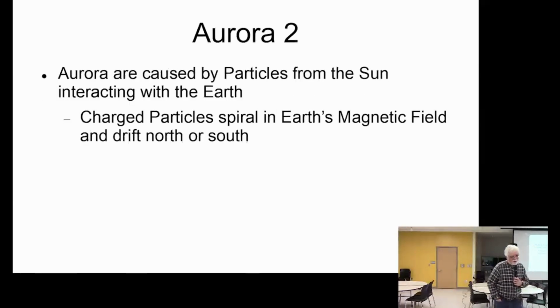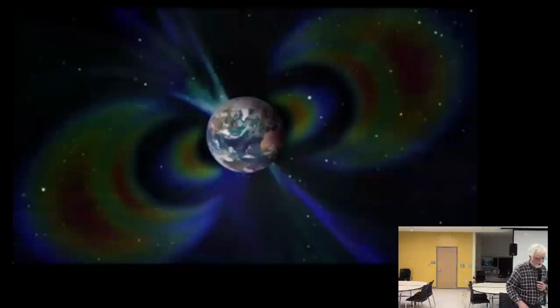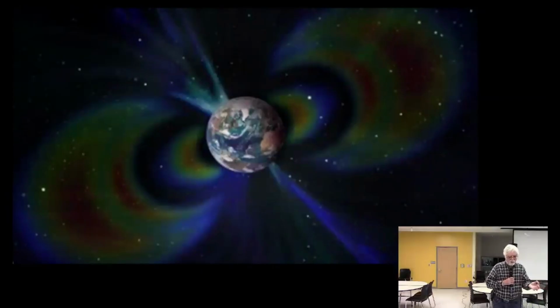They're caused by charged particles from the sun interacting with Earth, just as we've been talking about. They spiral in the Earth's magnetic field and drift north or south. And they can only go so far north and so far south. And this is a little hard to see, unfortunately, but the charged particles stay around the mid latitudes of the Earth.